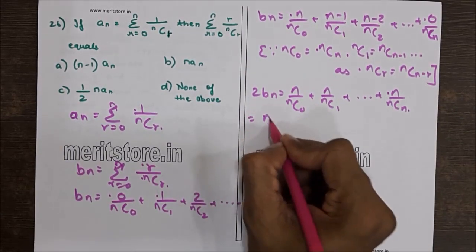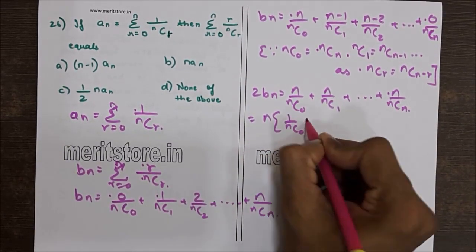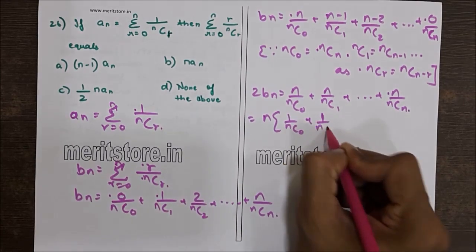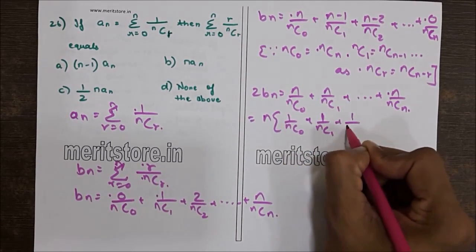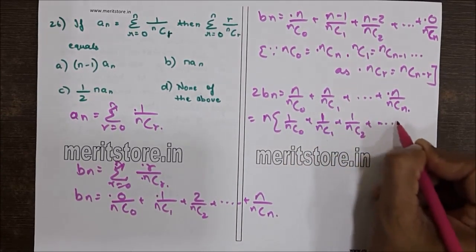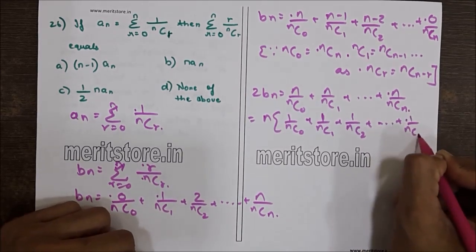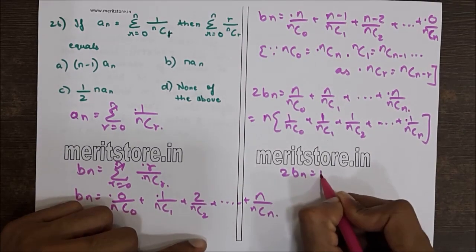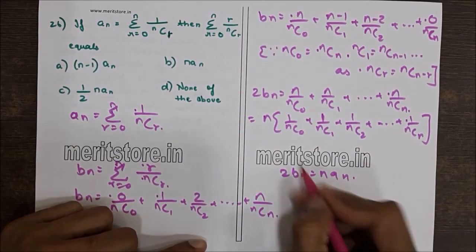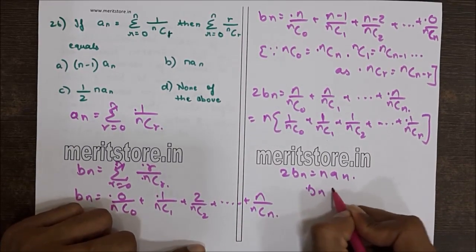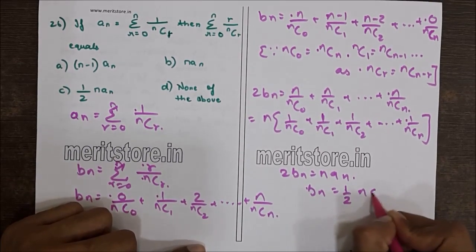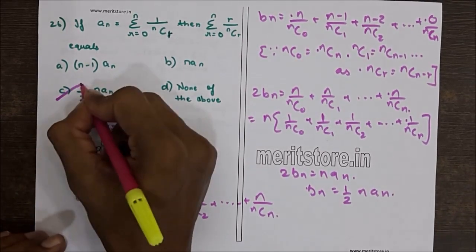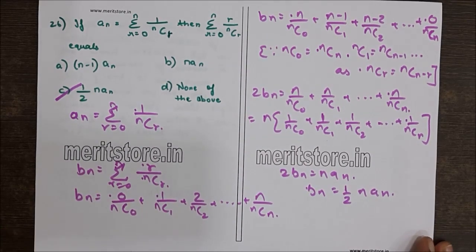So in this, we get n times (1 upon nC0 plus 1 upon nC1 plus 1 upon nC2 plus continuing up to 1 upon nCn). Further solving this, we get 2Bn equal to n times An. Taking 2 over there, we get Bn is equal to half of n times An, which is our option C. Therefore, option C is the correct answer.